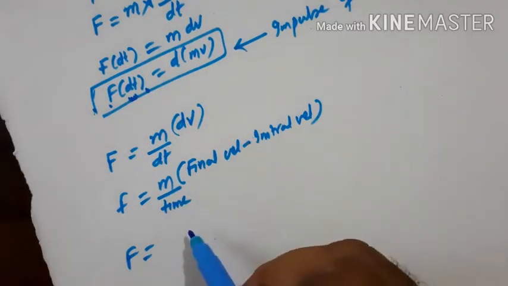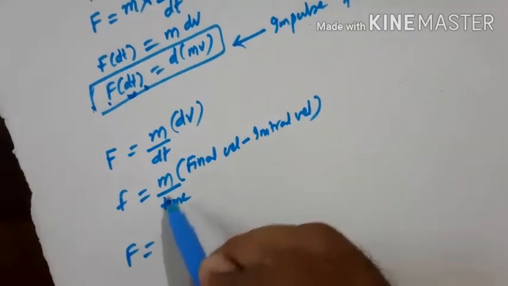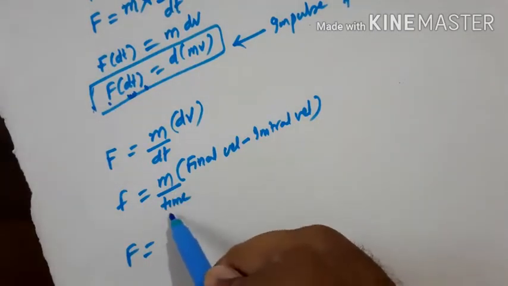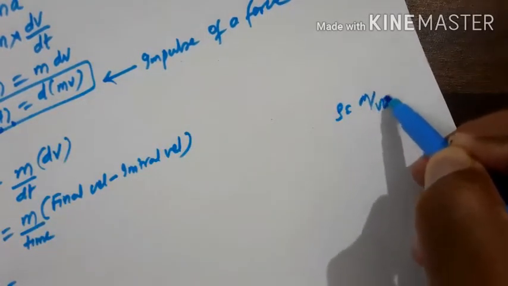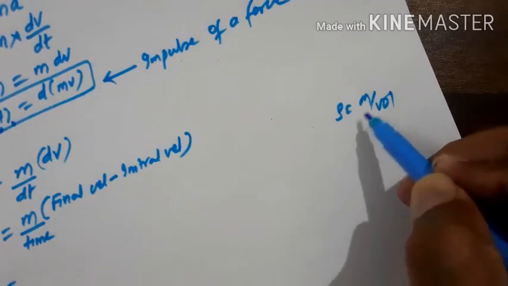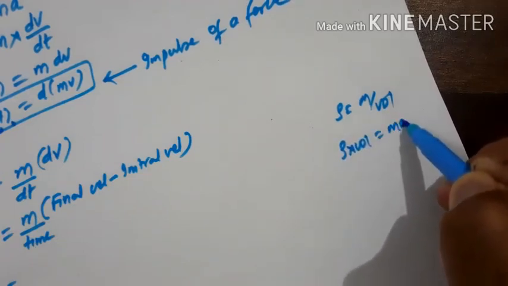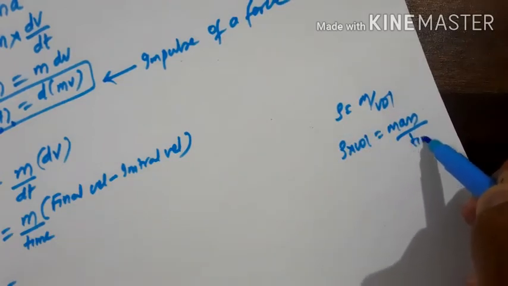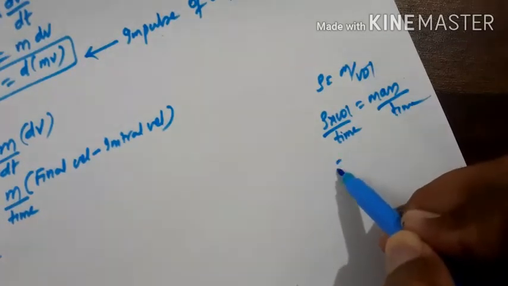Then this can be written as m, so density, you know, density equal to mass by volume, then density into volume equal to mass. So I want mass by time, you can divide this side also by time. Then what do you get?